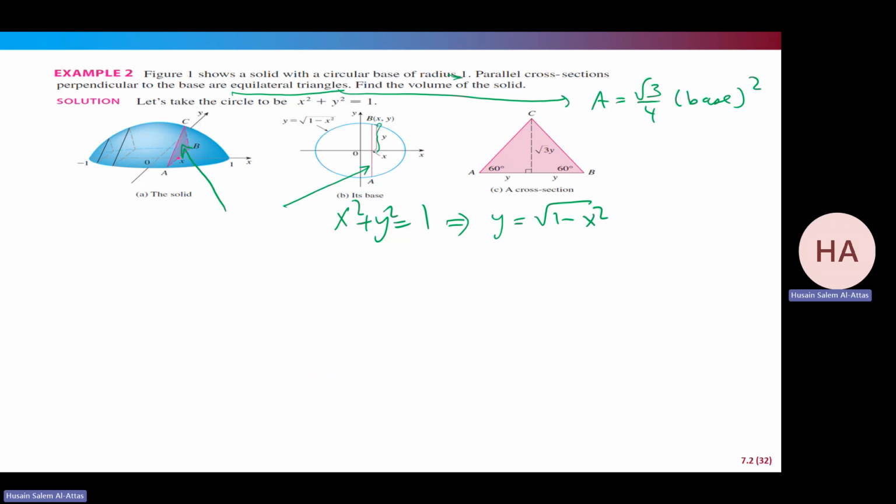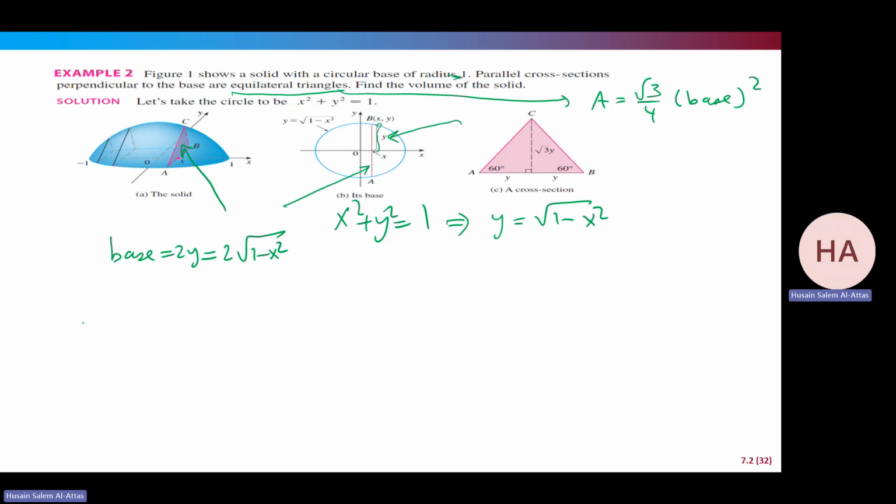So I have the base, which is 2y, this and this. This is y, this is y. Okay. And I have 2y.